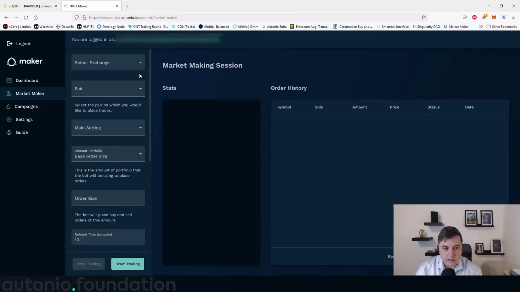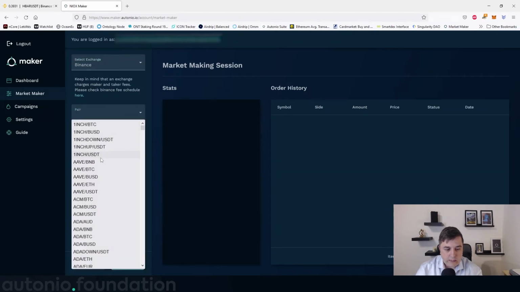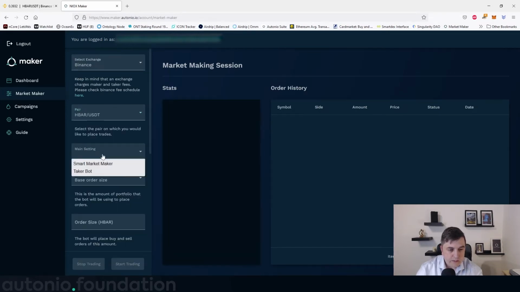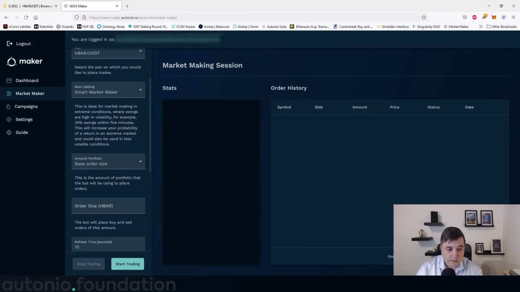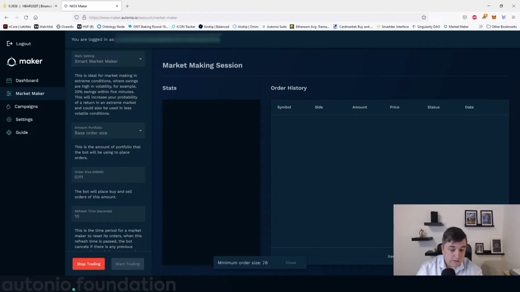So let's go to the market maker, select Binance, and let's say HBR USDT, main settings, smart market maker, base order size, let's say, I don't know which is the minimum, so let's see if this works. Of course not, because 26 is the minimum, so let's use 30.